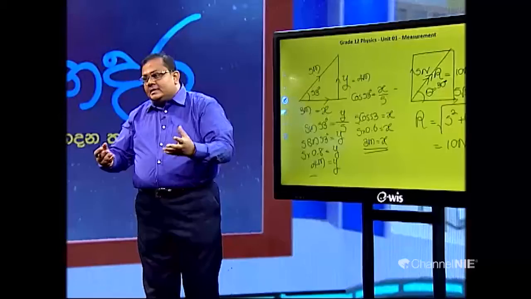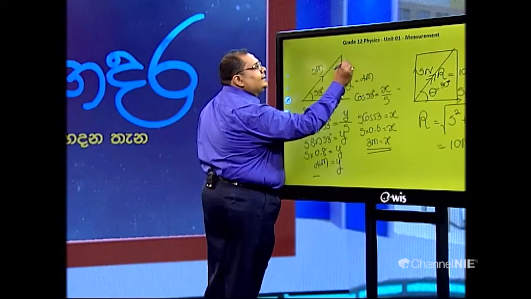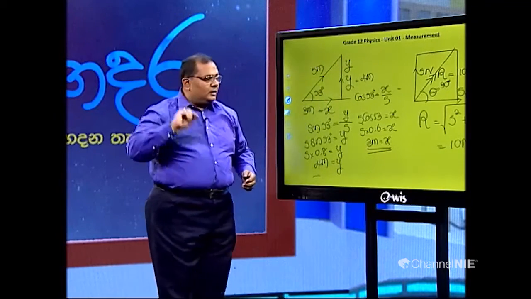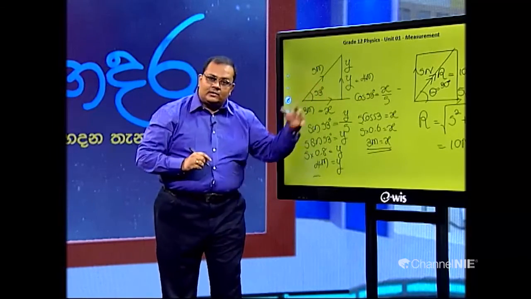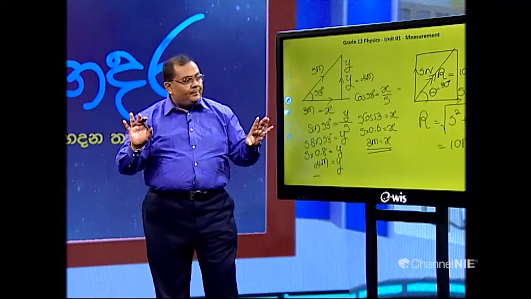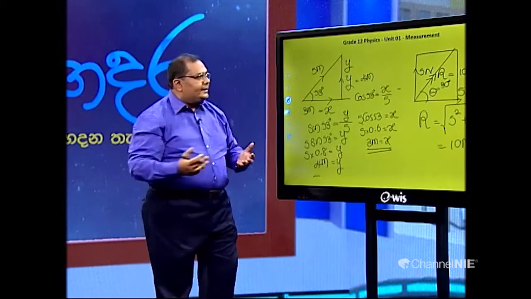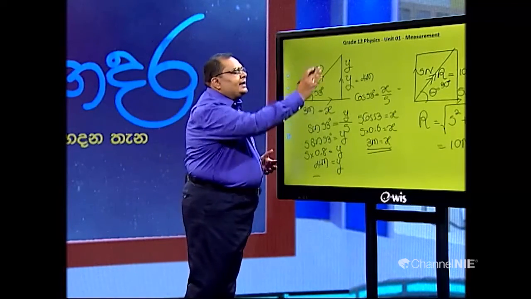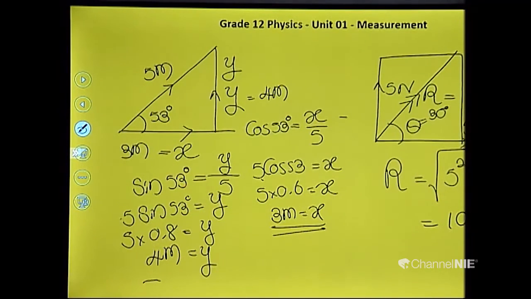Opposite sine, easy to memorize. Because we are doing A level now, we write them straight away. Then y is equal to directly 5 sin 53.